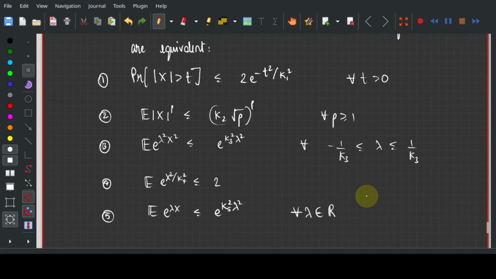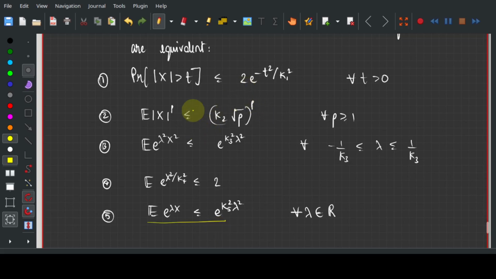So the definition that I gave was in terms of the log moment generating function, or the MGF. If the MGF is less than or equal to e to the some constant times lambda square, then I call it Subgaussian with a certain variance factor, which effectively I have over here. So this is one definition of a Subgaussian random variable.